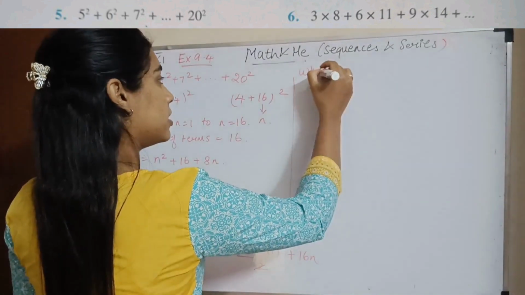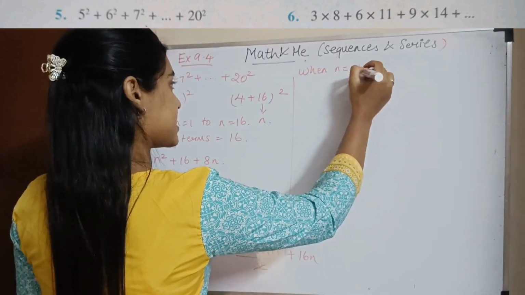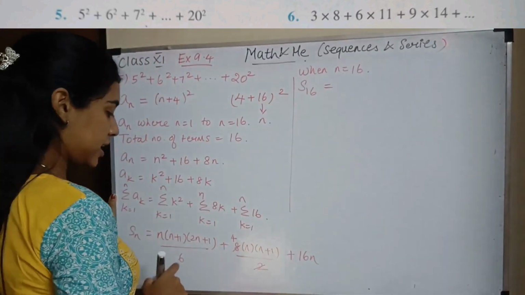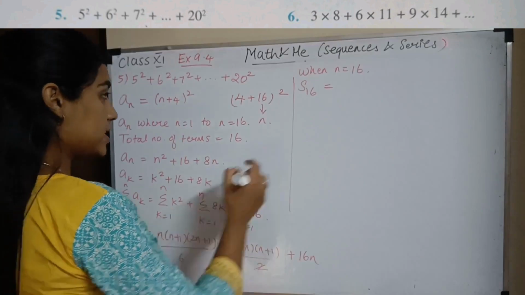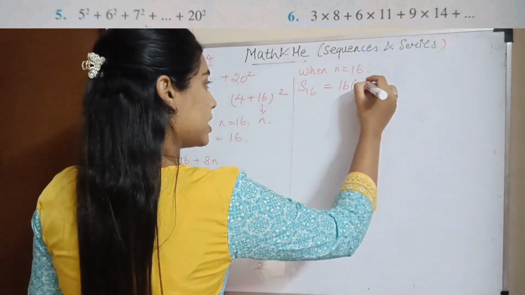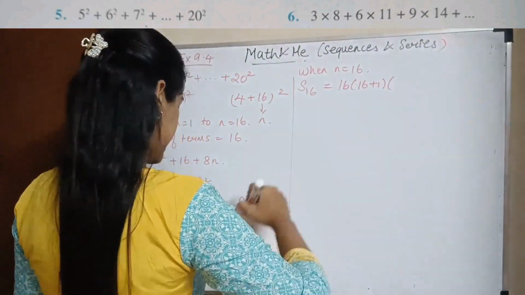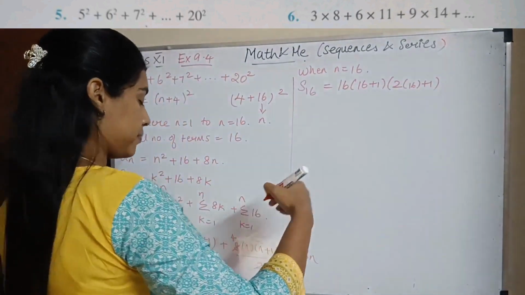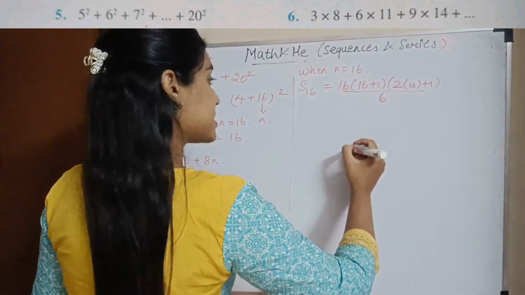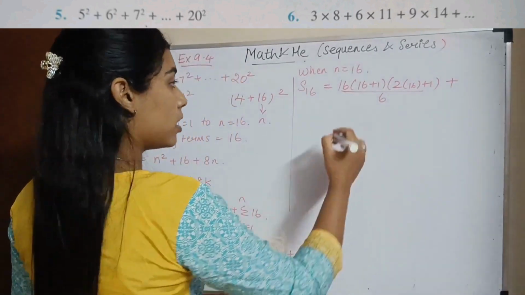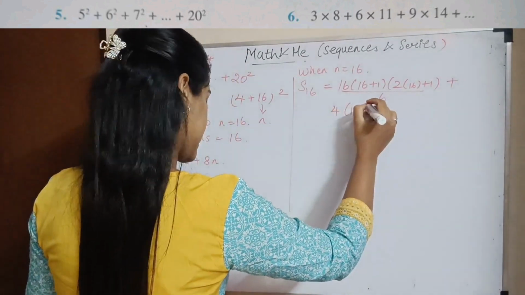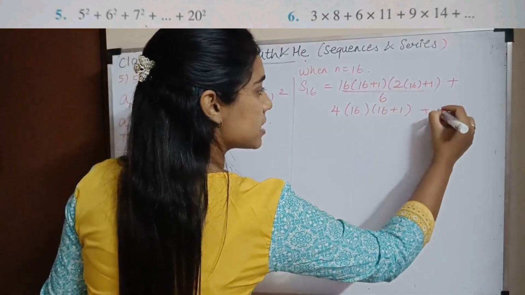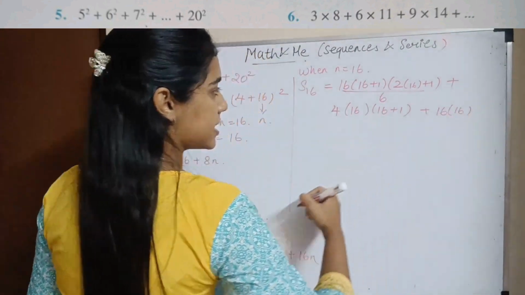When n equals 16, my summation of 16 terms is nothing but I'm going to substitute 16. So I have 16 times 16 plus 1 times 2 times 16 plus 1 divided by 6 plus 4 times 16 times 16 plus 1 plus 16 times 16.